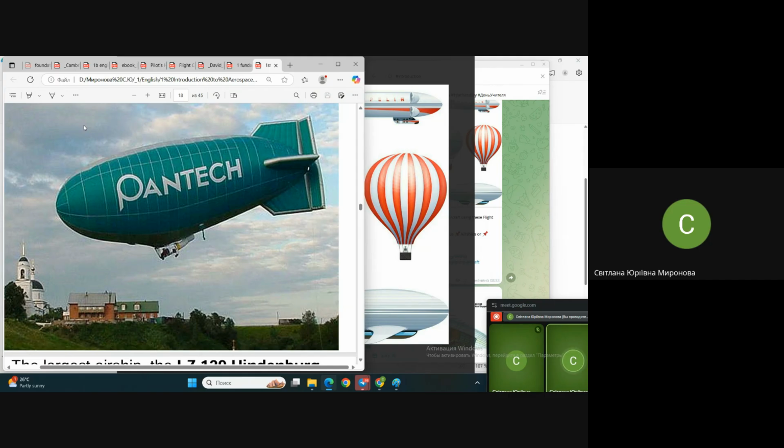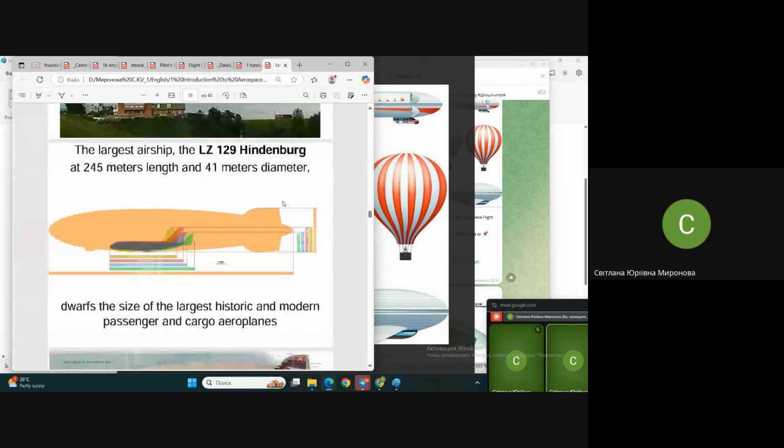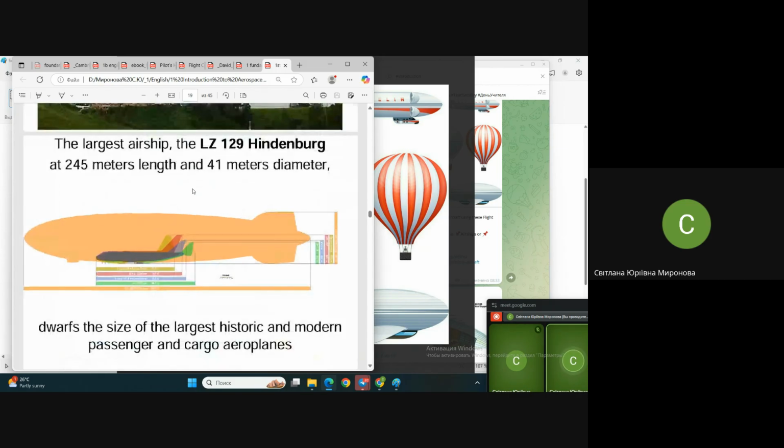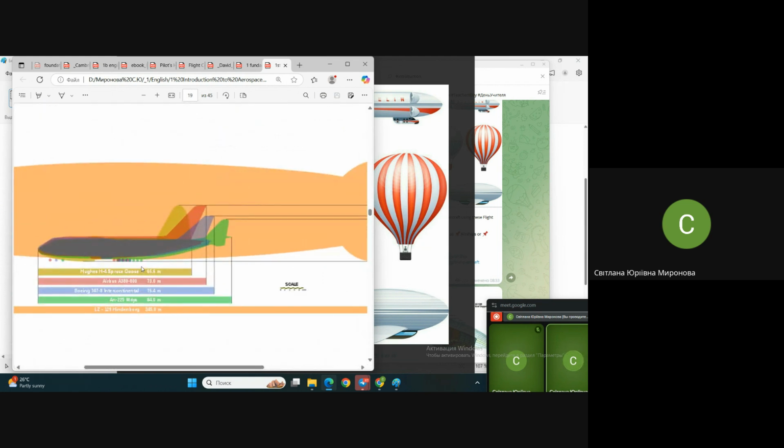Let us see the next slide. What did I say already? It's a comparison of the size of the most known airship dirigible, you see the name Hindenburg, with the most known modern, the hugest modern airplanes. Pay attention to what you see as a little spot inside this dirigible. It's the Boeing 747, A380, our Antonov 225 Mriya.